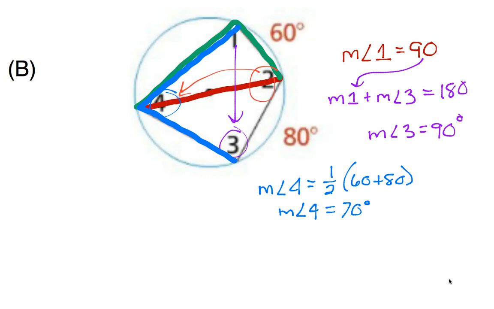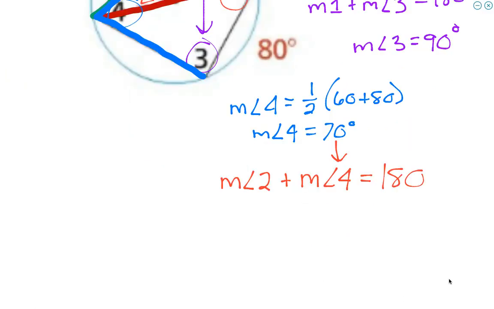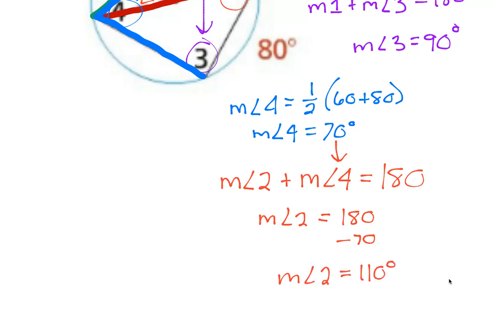And then again, corollary number 3 there, we have the measure of angle 2 plus the measure of angle 4 equals 180. So the measure of angle 2 equals, and you can think of this a bunch of different ways. I know a lot will just do a little bit of subtraction right there. 110.